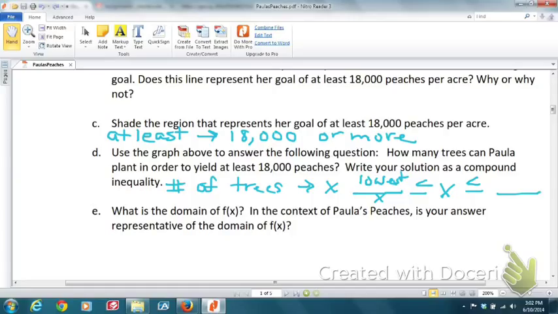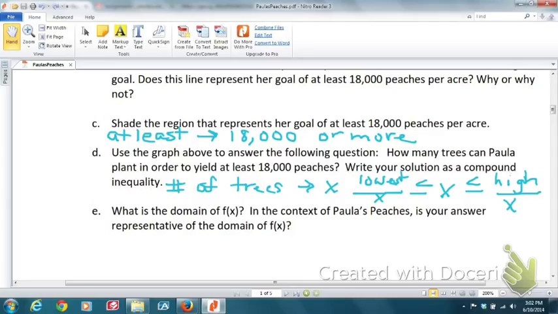Over here, you would write your highest x. So you have to look at the graph and look for those numbers to put in those blanks.